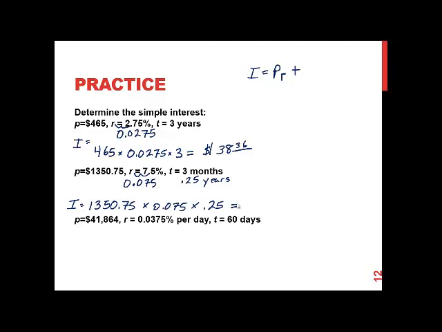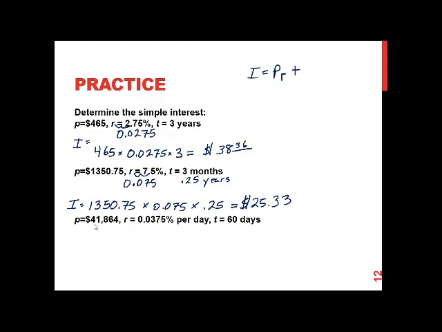So let's recalculate this. 1350.75 times 0.075 times 0.25 equals $25.33. I had $2,500 on my paper, and I knew that wasn't right, because there's no way you could make $2,500 in 3 months, or I would be doing it.